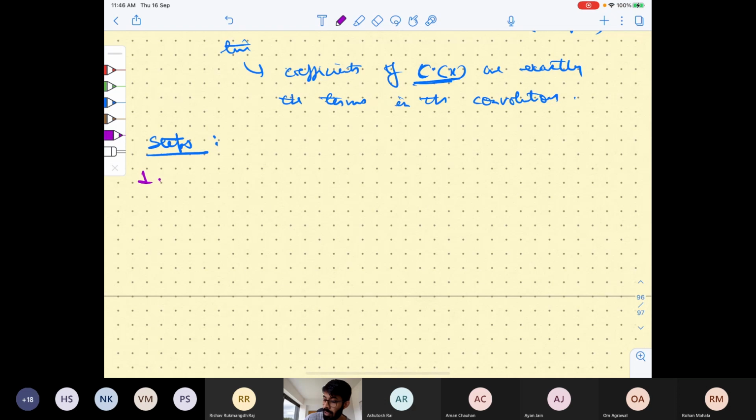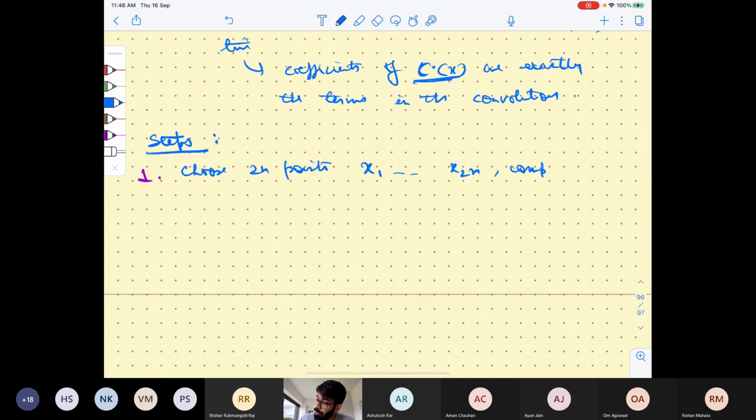So the first step is going to be choose some 2n points, let's say x1 to x2n, and compute A and B on xj for all j in 2n.